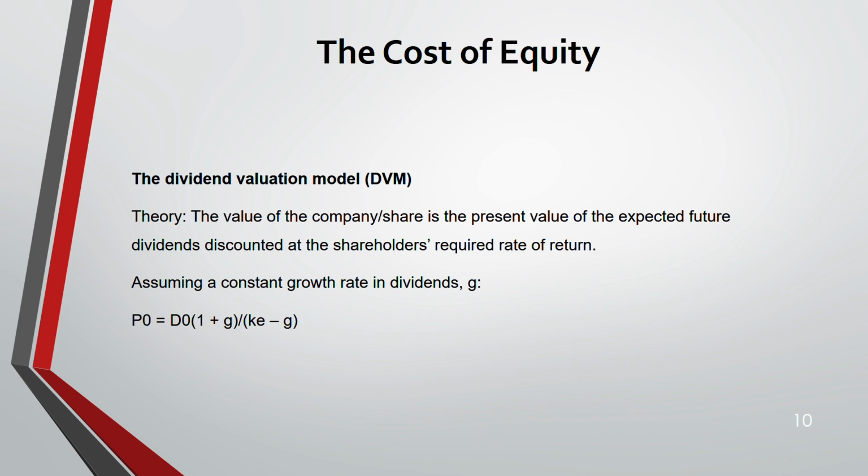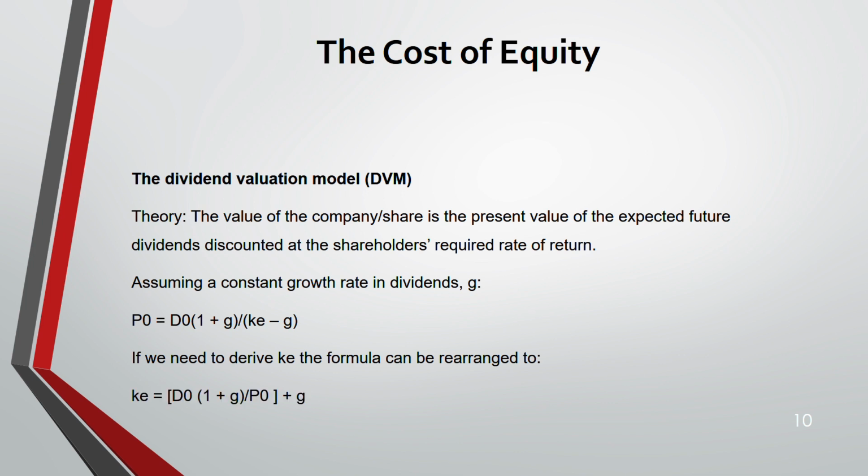Now this is the formula: D0, that means year 0 dividend, into (1 plus G), 1 plus the growth rate, divided by (KE minus G), that is cost of equity minus growth rate. Okay, if we need to derive the KE, we need that KE.